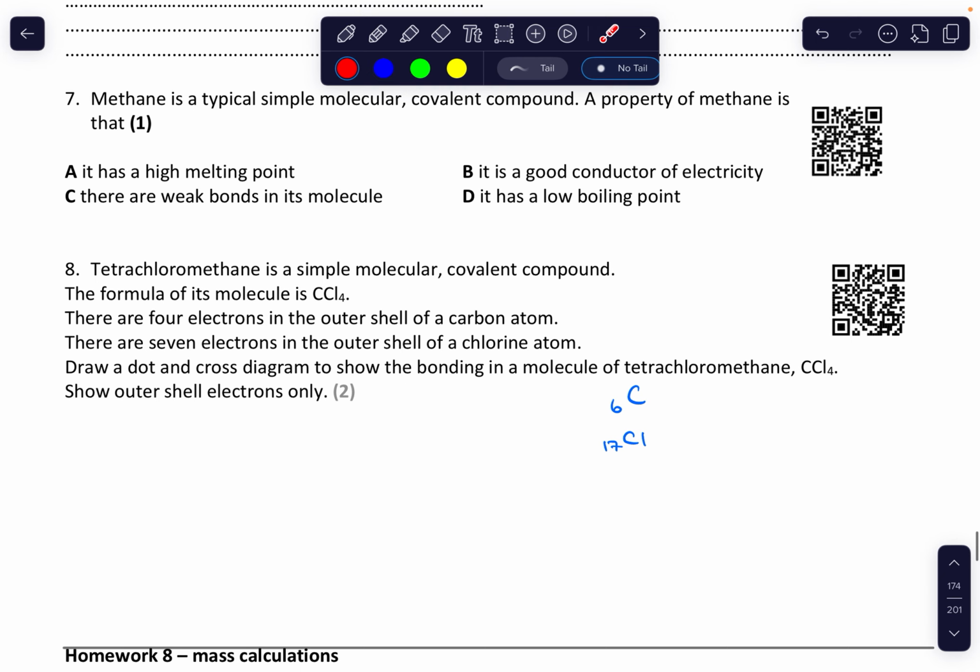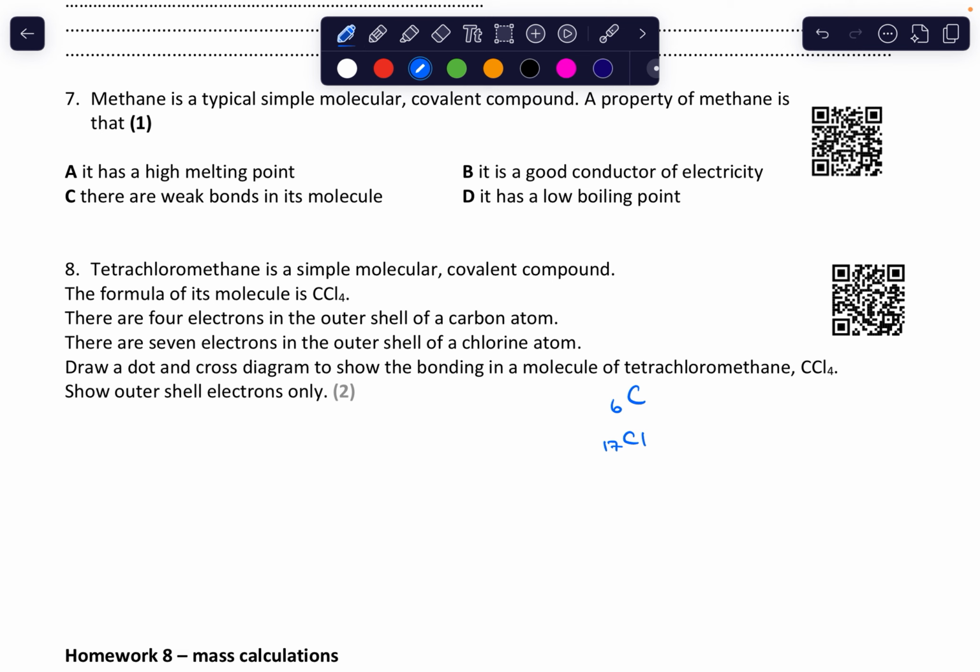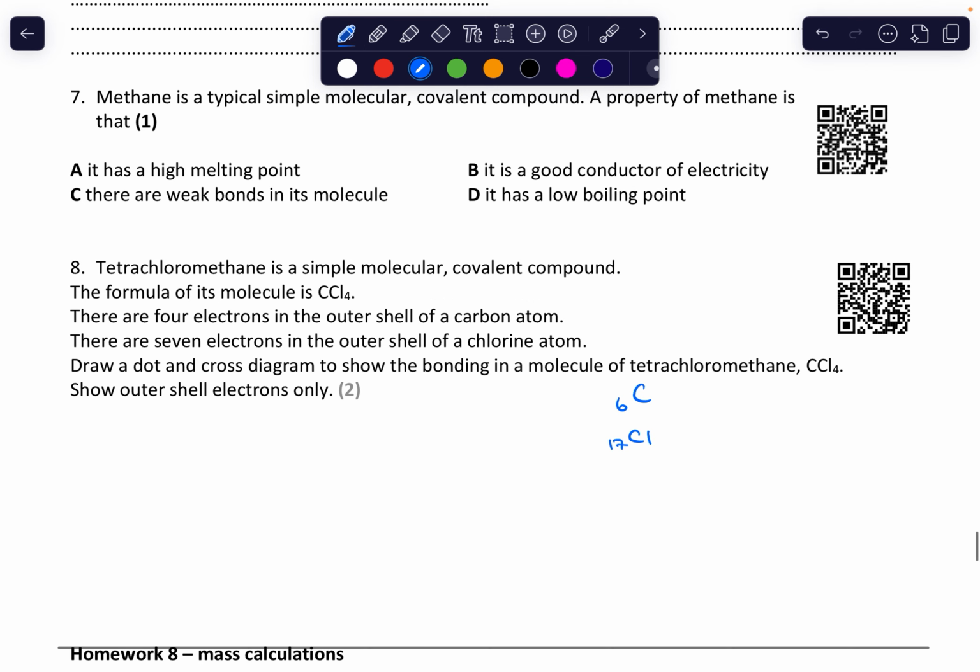And this last one, my tip is this: carbon has atomic number of 6, which means it has 6 electrons, which are arranged 2, 4. Chlorine has atomic number of 17, so its electrons are arranged as 2, 8, 7. This has 7 in its outer energy level, this has 4.